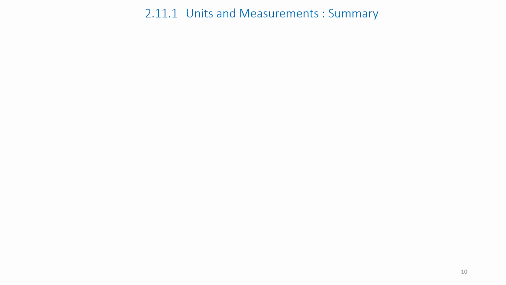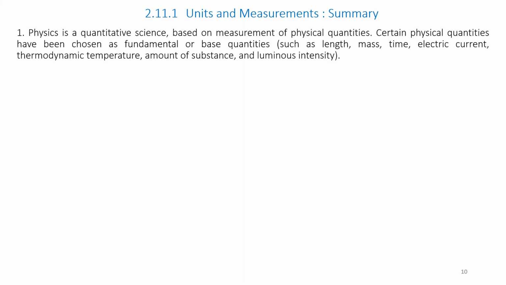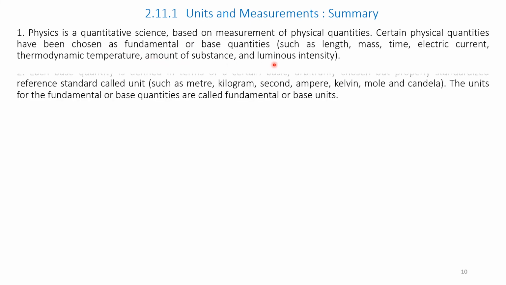So let us summarize. With this, let us summarize units and measurements. Physics is a quantitative science based on measurement of physical quantities. Certain physical quantities have been chosen as fundamental or base units such as length, mass, time, electric current, thermodynamic temperature, amount of substance and luminous intensity.